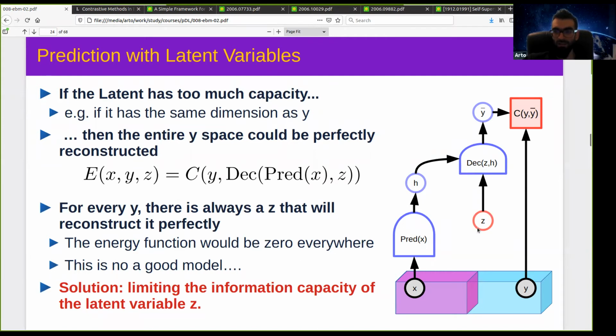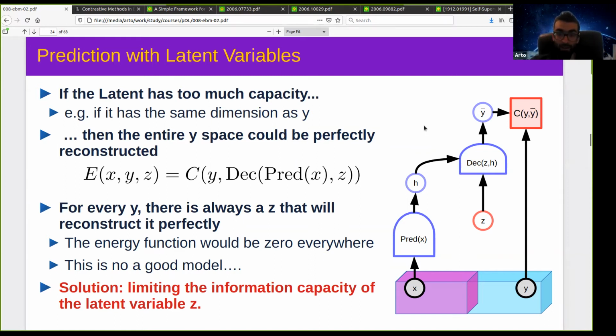This introduction of a latent variable basically allows us to learn a one-to-multiple mapping for x and y pairs, and we have this data manifold, like for each input, and when varying z, we can move through that data manifold.